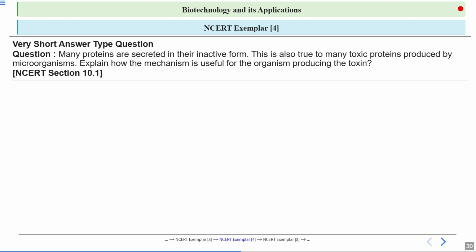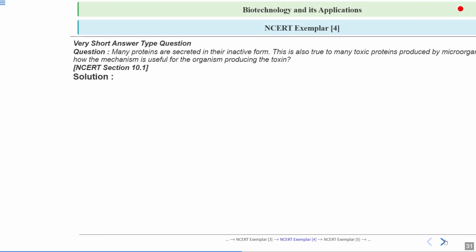This is also true for many toxic proteins produced by microorganisms. We have to explain why it is useful for the organism producing the toxin that the toxin is in inactive form. This is from NCERT section 10.1 only.